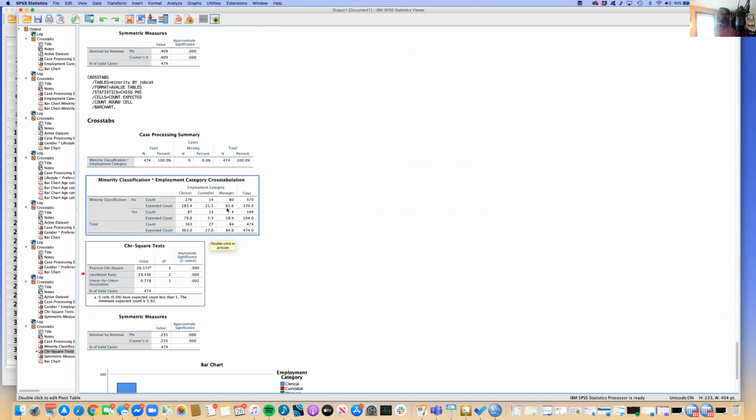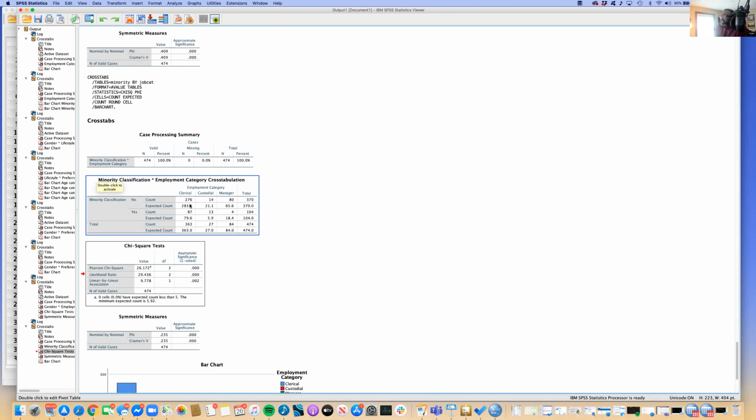So let's go here to minority classification. If there were no relationship with minority classification and clerical work, we would expect a count of 283.